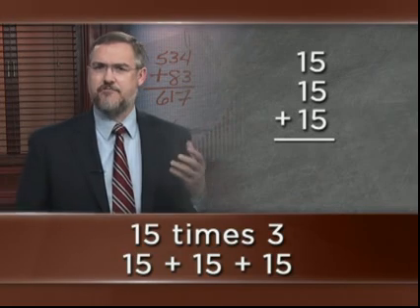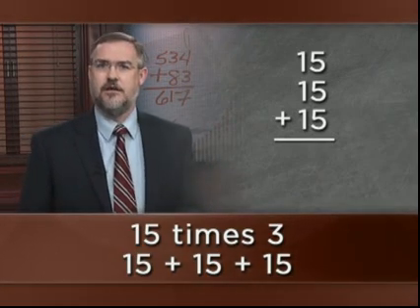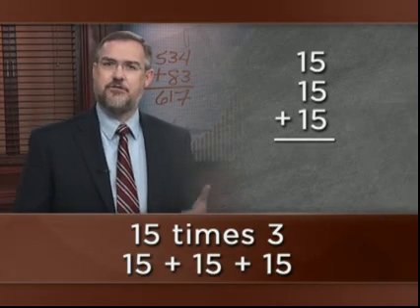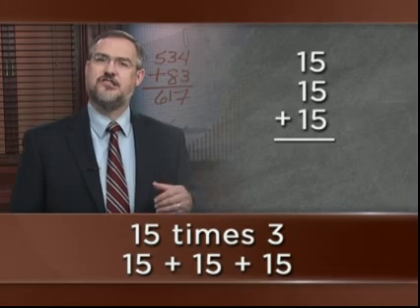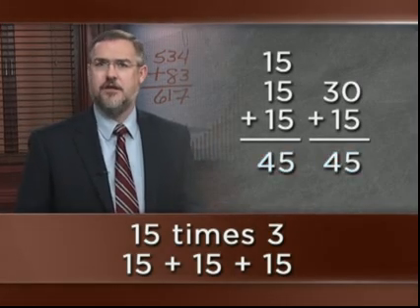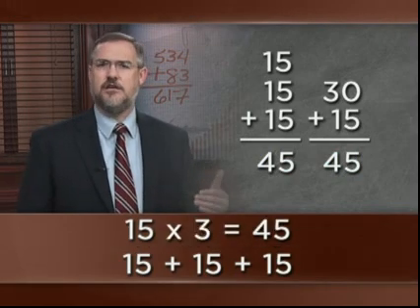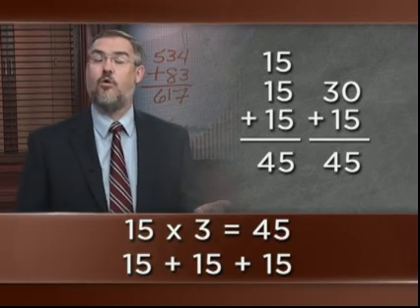This is where the idea of multiplication being something times another comes from. And of course, 15 plus 15 plus 15 isn't too hard to compute. It's the same as 30 plus 15, or 45.